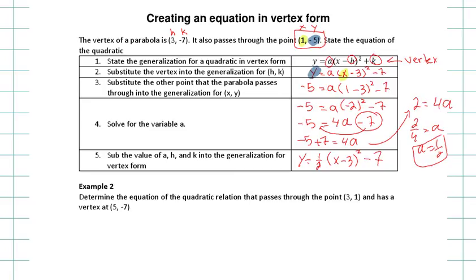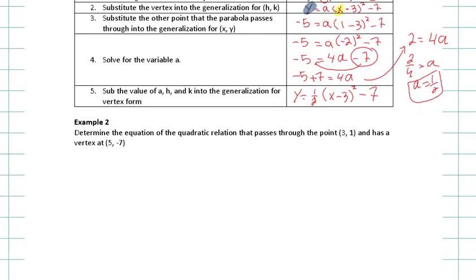Now, let's look at the next question. These are the steps that you have to follow. There are no shortcuts. It's asking you to determine the equation of the quadratic relation that passes through the point (3, 1) and has a vertex at (5, -7). What's your vertex? (5, -7). So what are you going to replace? What's h? It's 5.